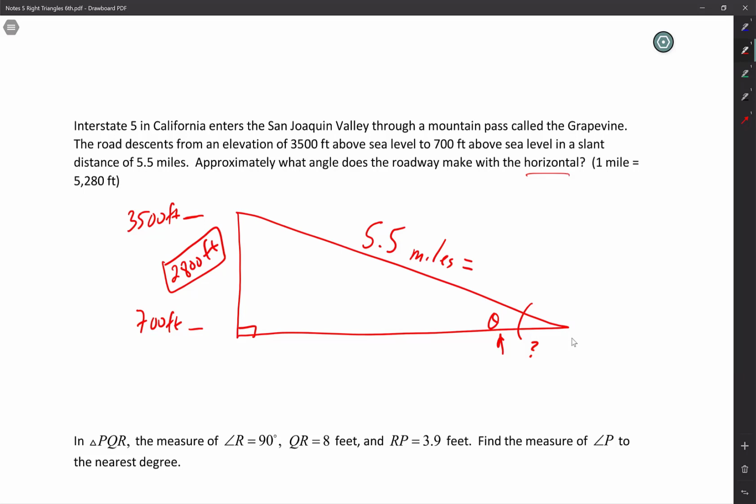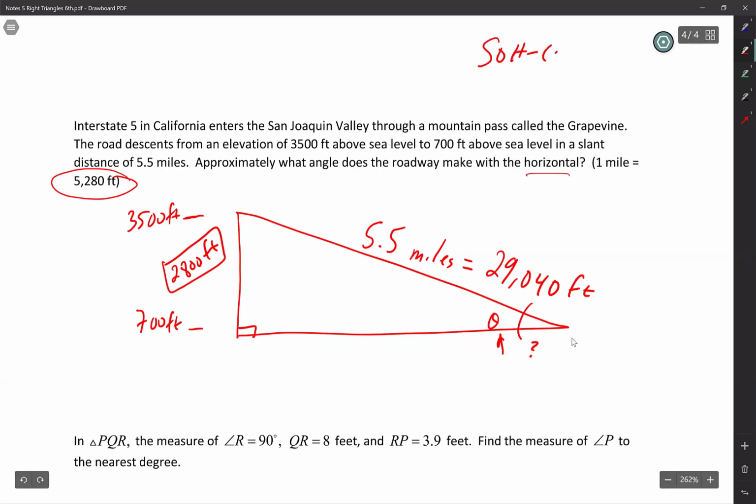So someone take 5.5 and multiply it by 5,280 feet. It should be pretty close to 30,000 feet. It's 29,040 feet. Okay.